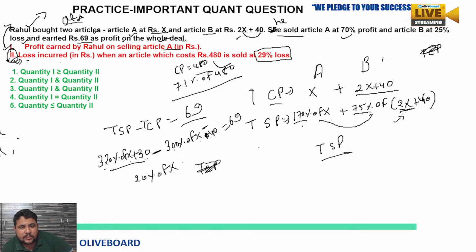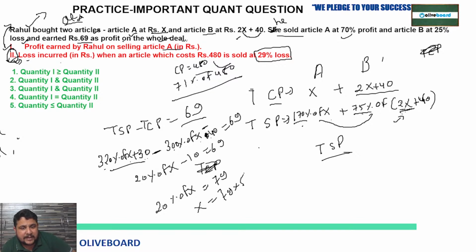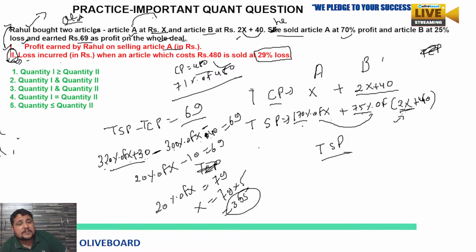So 30 minus 40, minus 10, equal to 69. Clear? Now 20% of x equal to what? Minus 10 will go that side, 79. Now this 20% is 1/5 actually. So x is going to be 79 multiplied by 5, 395. Now you know the value of x, that is the cost price of article.